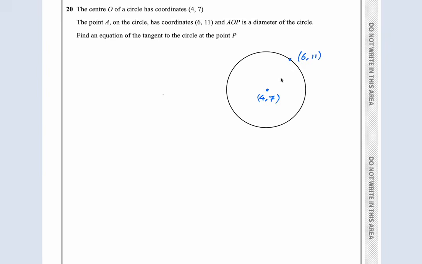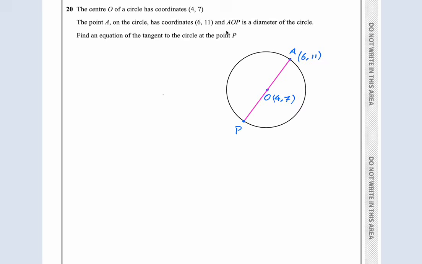And AOP, so this is O, and this is A, and P. Let me just move this a bit here, guys, because we're going to draw a line straight across here, AOP, and this is P, and I don't quite have the point yet, but it says find an equation of the tangent to the circle at point P.